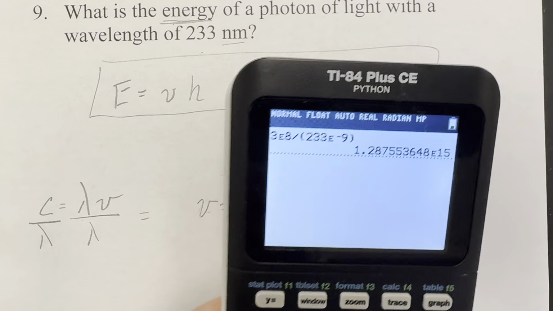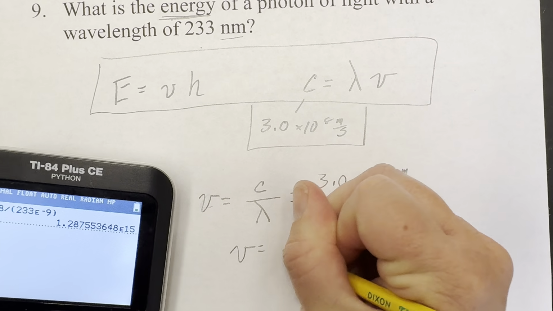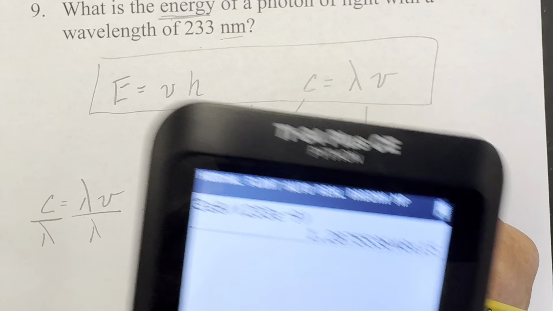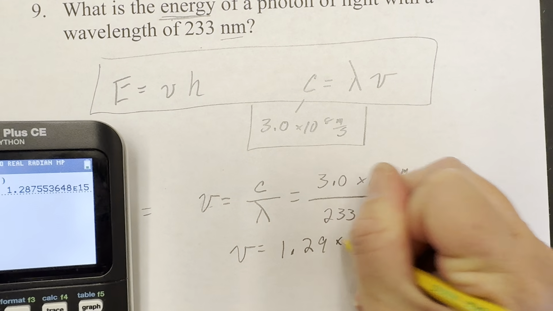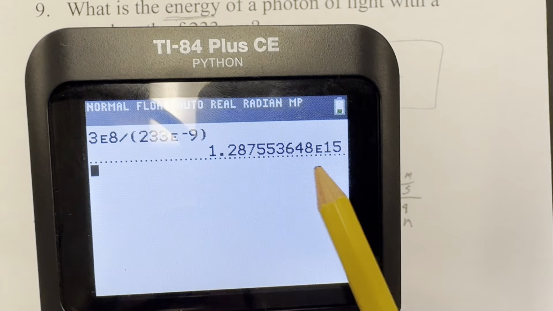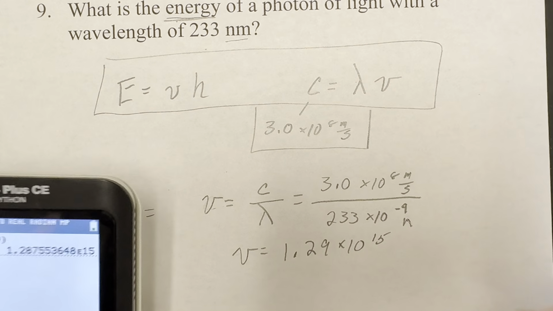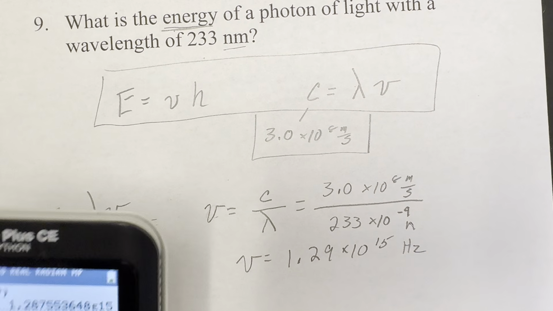And then you hit enter, and you're going to find that your frequency here is 1.29 times 10 to the 15th. Don't forget this portion on your calculator. 1.29 times 10 to the 15th hertz.